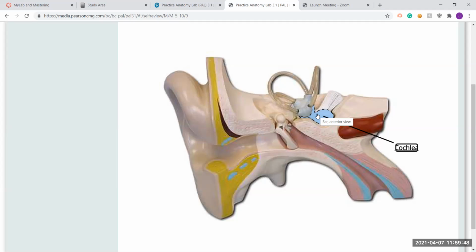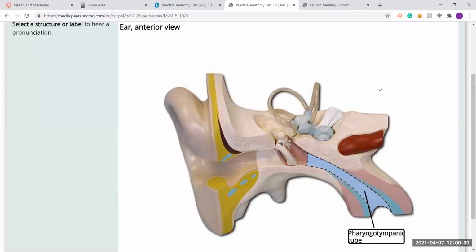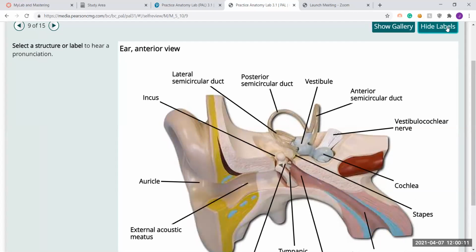So the inner ear is like a tube within a tube. If we cut anywhere on the cochlea or vestibule or semicircular canal, you're going to cut the outer tube, which is made up of bone, and then go inside, there is an inner tube, which is made up of membrane. Okay, so let's go and see with the labels everything here.